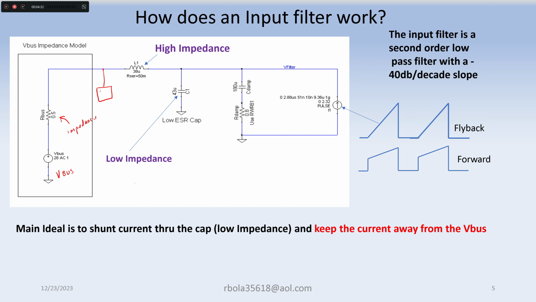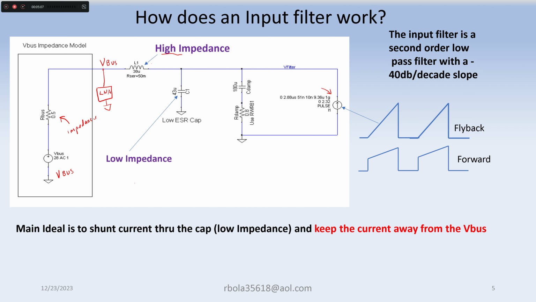You might have a LNA, a low noise amplifier, and others connected at this node. I'm going to call that the V-bus node. And then you'll have a differential inductor, and the purpose of the inductor is to present a high impedance. Well, high impedance to what? It's going to present a high impedance to this current.